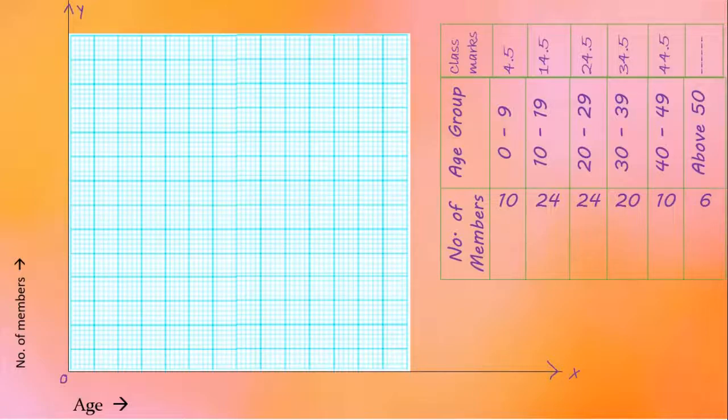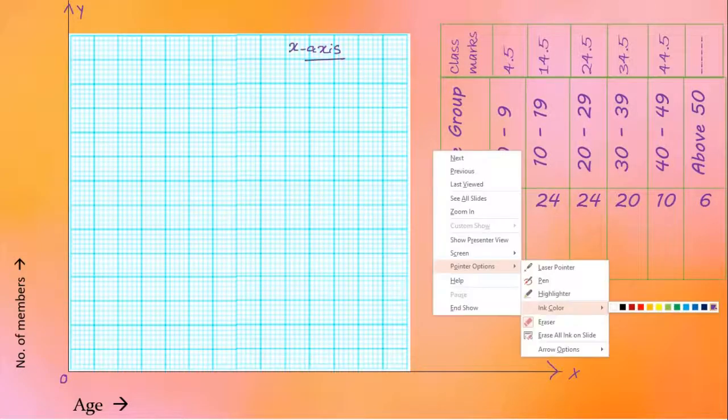What about the next? 10 plus 19 by 2, it is 14.5. 20 plus 29 by 2, it is 24.5. 30 plus 39 by 2, it is 34.5. 40 plus 49 by 2, it is 44.5. And above 50, we are not going to find any class mark.